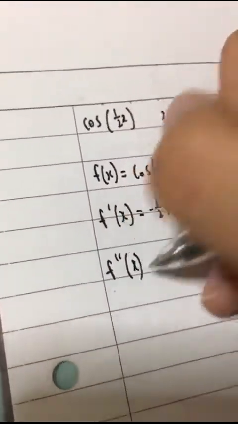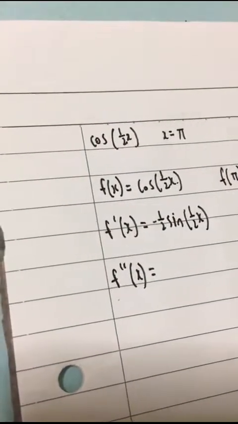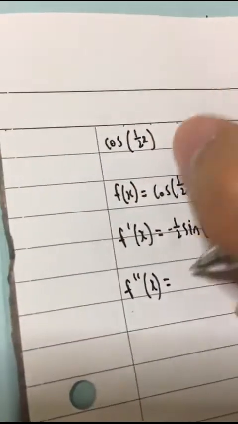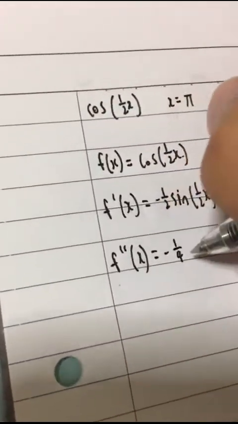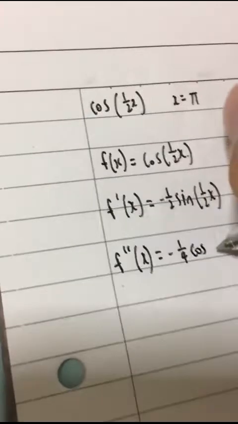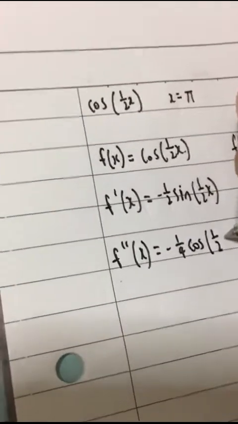After that, you take f1 and differentiate one more time, because they say we need to find the fourth term. So you just differentiate this one again, and you get negative 1/4 cosine half x.